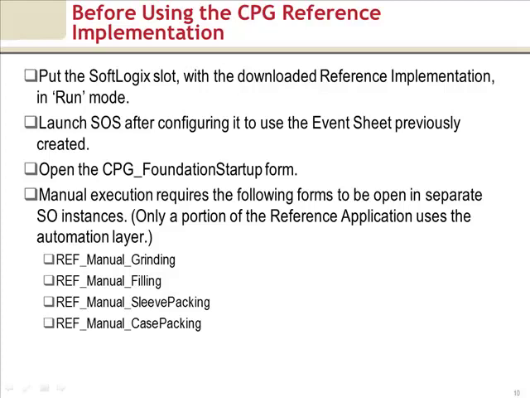Also, several instances of Shop Operations must be opened with each one running a form that is used for manual execution. The 4 manual execution forms that are open in Shop Operations Server instances are shown here. They are manual grinding, manual filling, manual sleeve packing, and manual case packing.